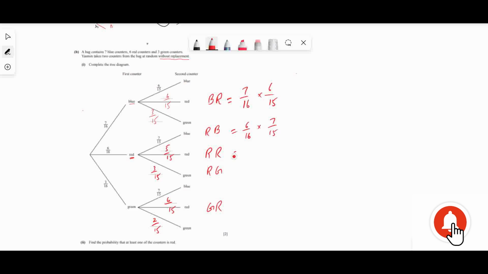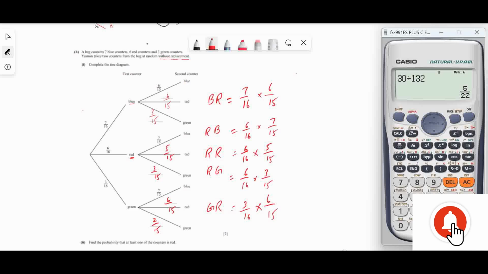This will be 6 by 16 into 5 by 15, and this will be 6 by 16 into 3 by 15. Then this will be green red, so 3 by 16 into 6 by 15. So now let's do it.